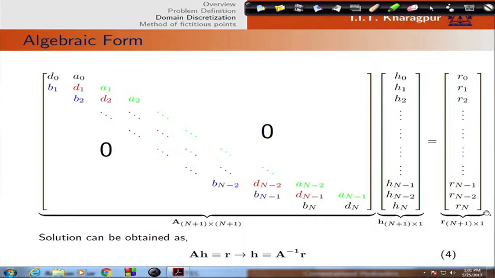the solution accuracy. We have discretized our governing equation with second order accuracy and our boundary condition, specifically the right hand boundary, with first order accuracy. So, overall accuracy of the solution will be of first order.